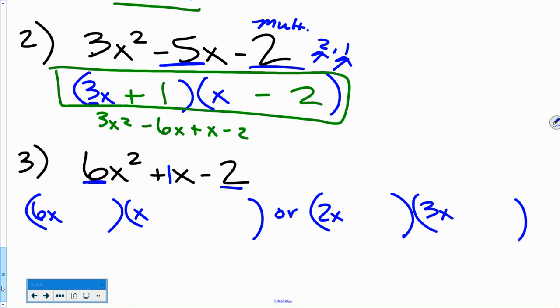There's only one that's going to work. All right, so you kind of just have to go with maybe your gut instinct. Typically, I don't do this one first. For one thing, it's combining to a small number, and I already have a 6 out here. So it seems unlikely to me that that would be the one that I would try first. All right, so I'm going to go with this side first, and if I didn't get anything to work, then I'd resort back to the 6x and x.